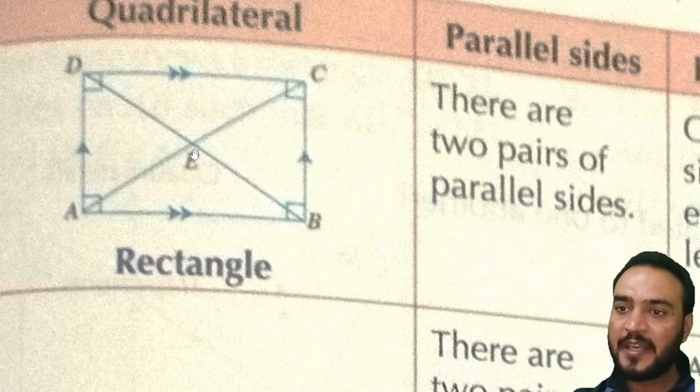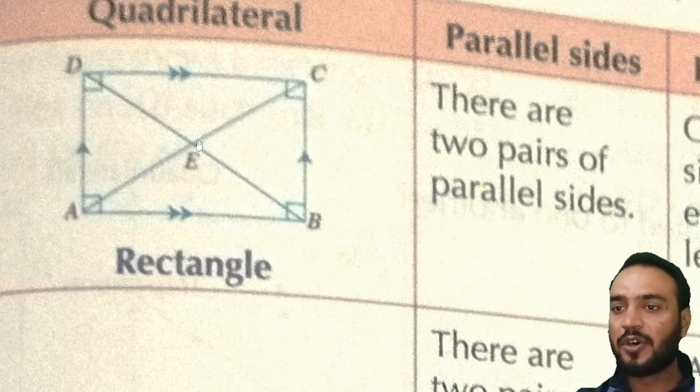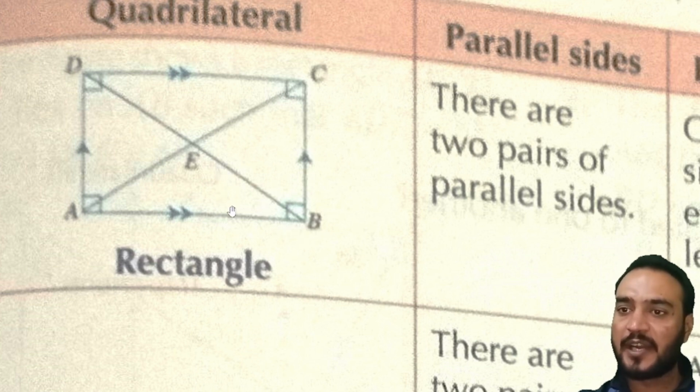That is, BE is equals to ED and AE will be equals to EC. The diagonals bisect each other, they intersect each other at the midpoint of each other. So these are two diagonals. So this was the first example of a quadrilateral, that is called rectangle.